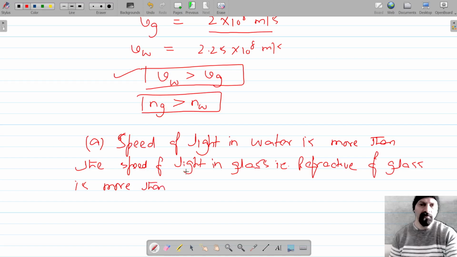The less the speed of light in a medium, the more the refractive index. So the refractive index of glass is more than the refractive index of water. So that's the reason.